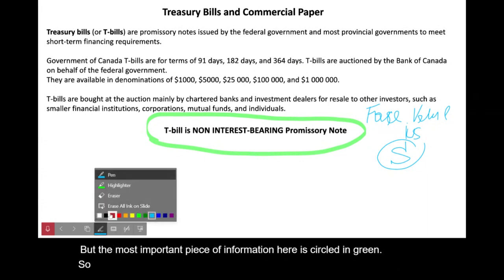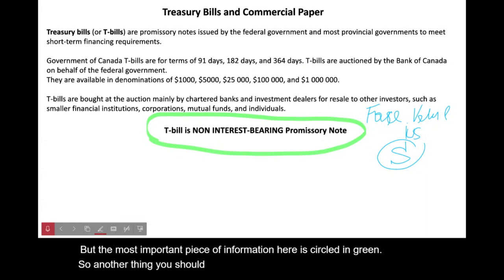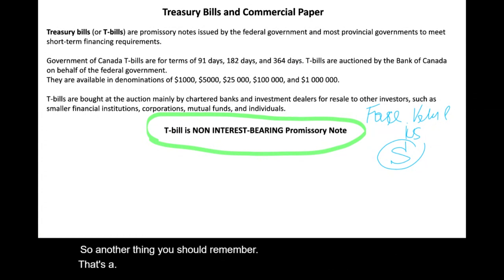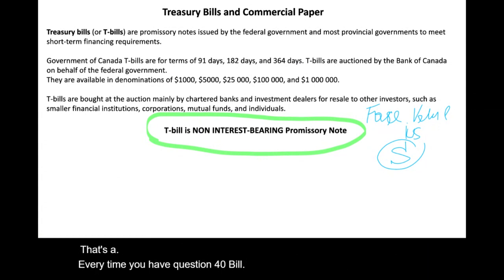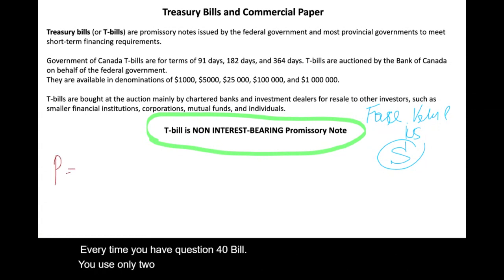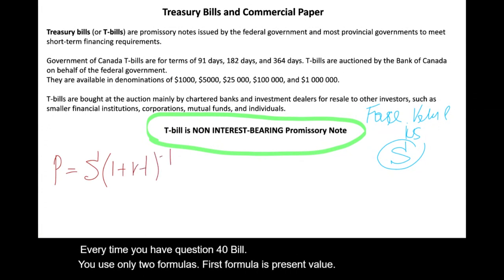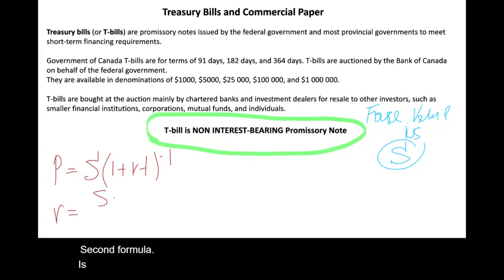So another thing you should remember: every time you have a question for T-bill, you use only two formulas. First formula is present value. Second formula is for interest rate.